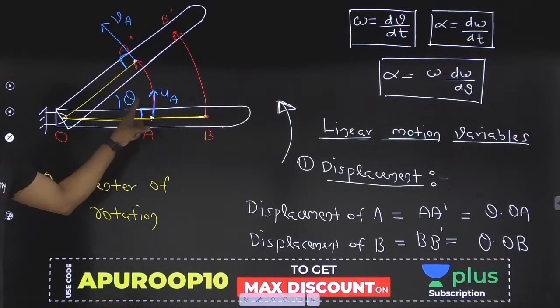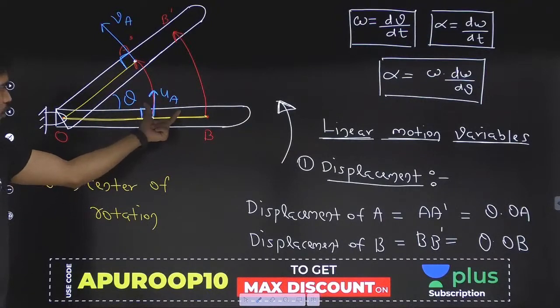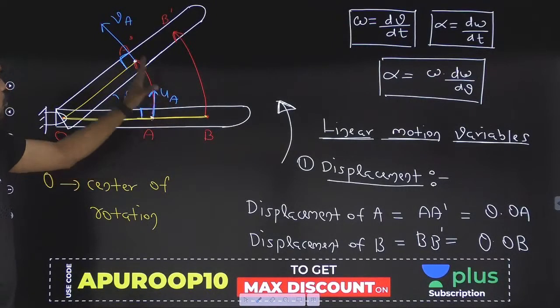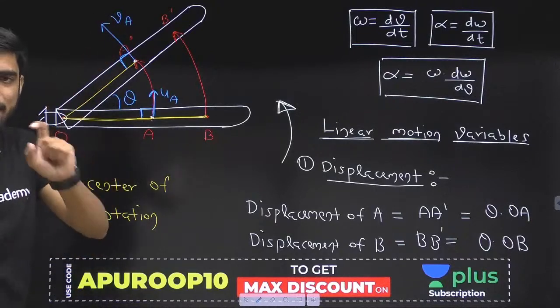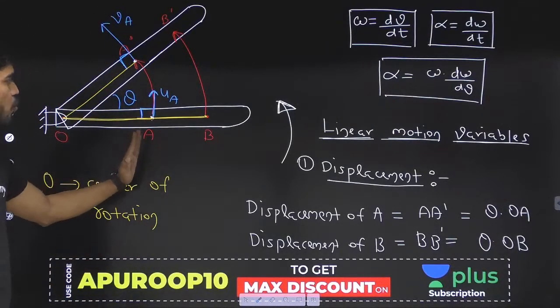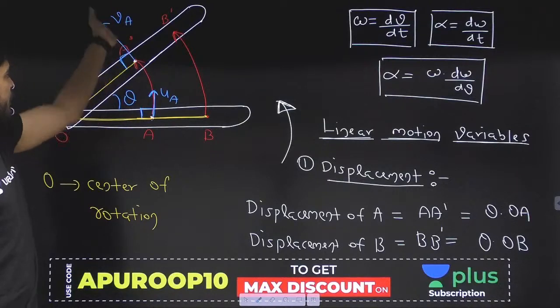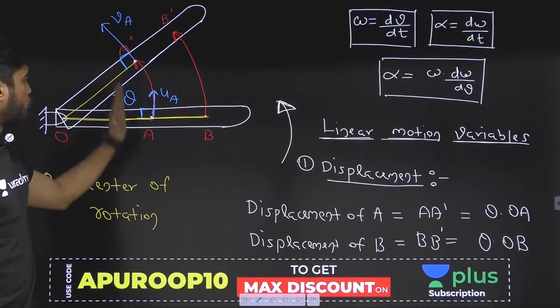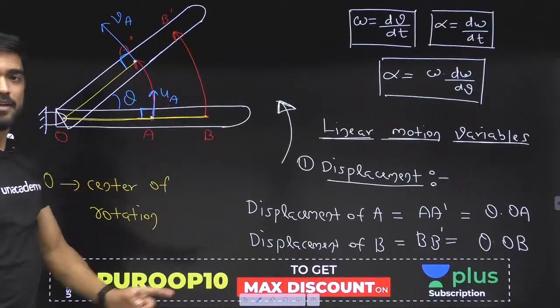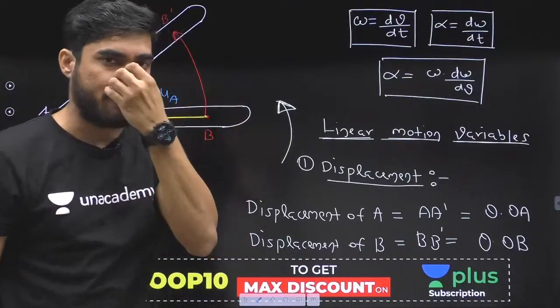The velocity of A is changing in magnitude. The magnitude of velocity at A is changing from UA to VA, and the direction of velocity is also changing. UA was vertical and VA is inclined at some angle. So beta, the direction is also changing. So here two things are happening.